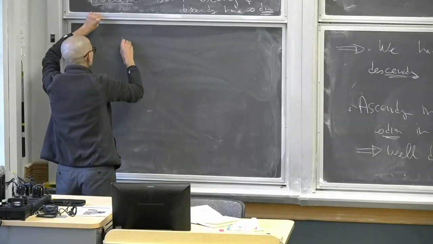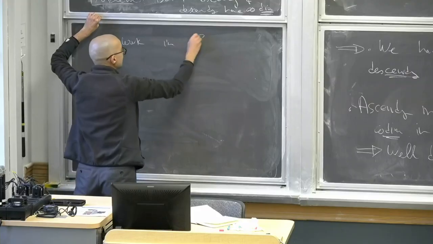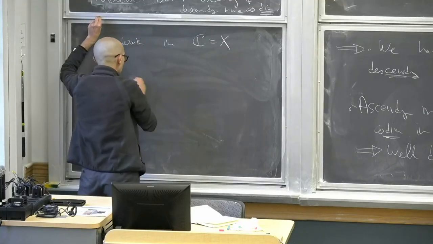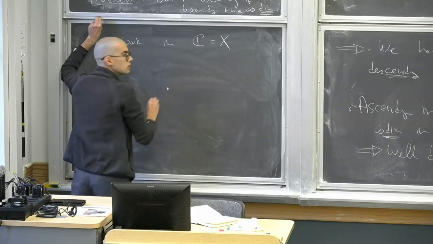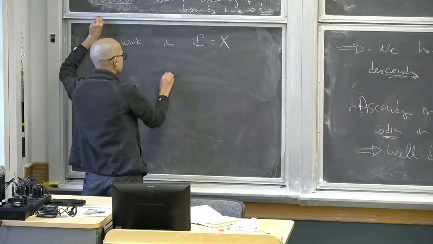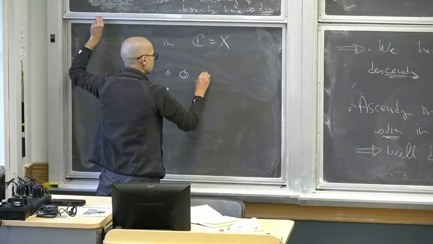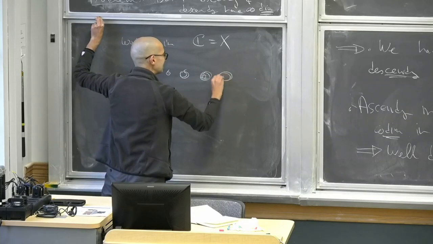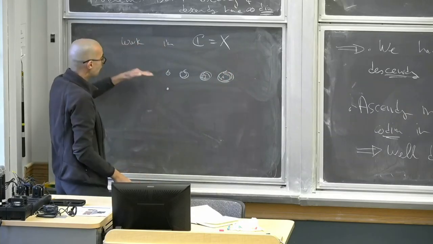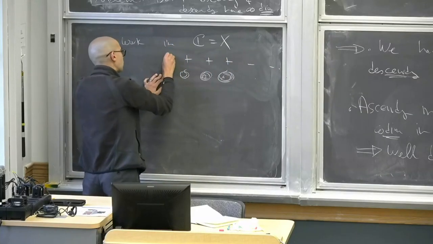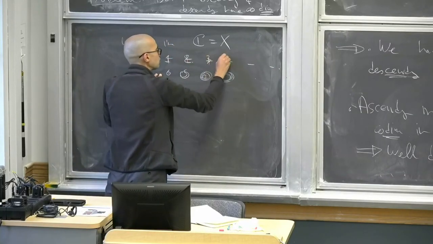You just work in C, and you try to think about how would you perturb the constant loop, and the answer is, well, there are these small loops that have positive winding number, and for those you're going to get, this is going to be like 1, and this is going to be 2, and this is going to be 3, and this is going to be 4.